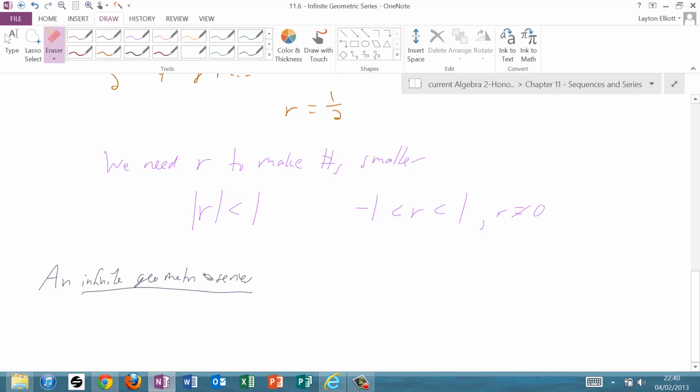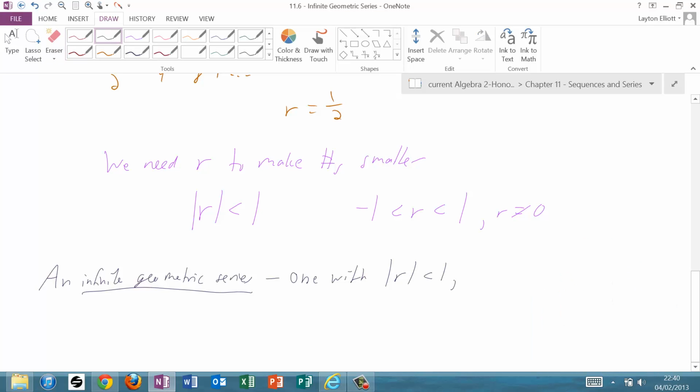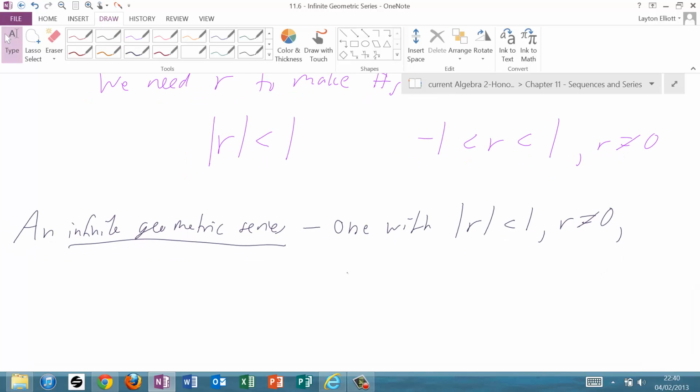But an infinite geometric series, one with an absolute value of r less than 1, where r is not equal to 0, because that would give us a trivial example where you just add up all zeros. Absolute value of r less than 1, r is not equal to 0, with infinitely many terms.